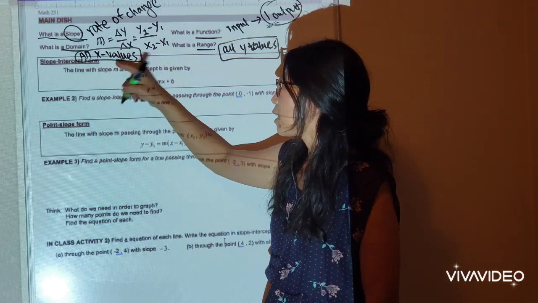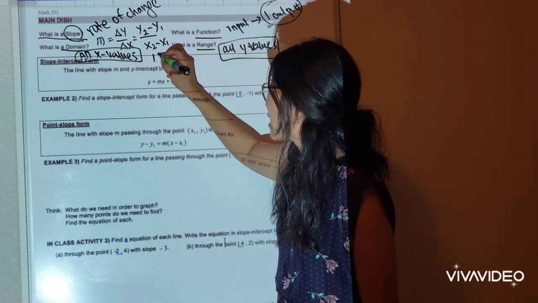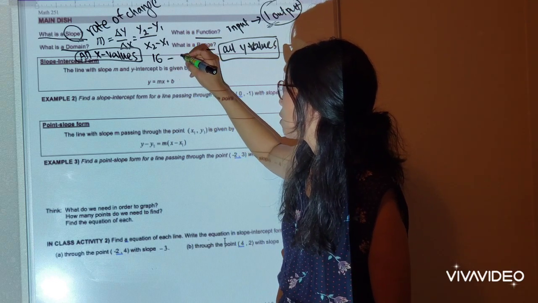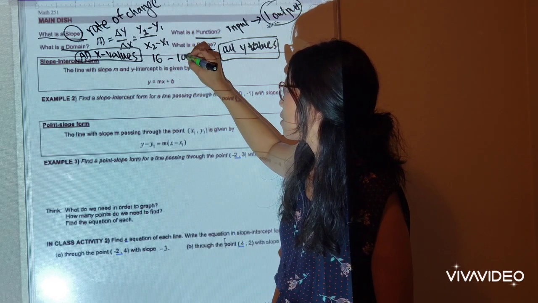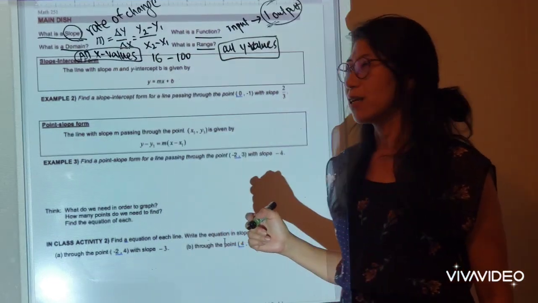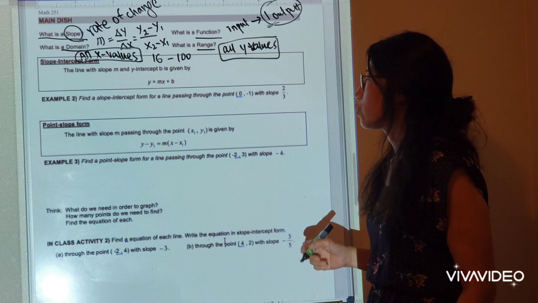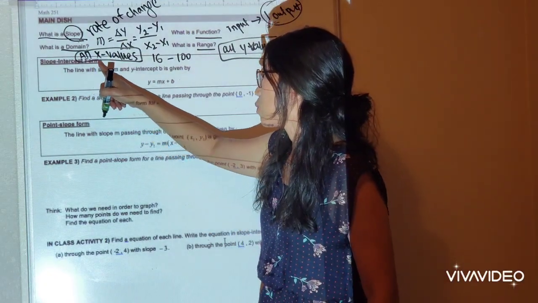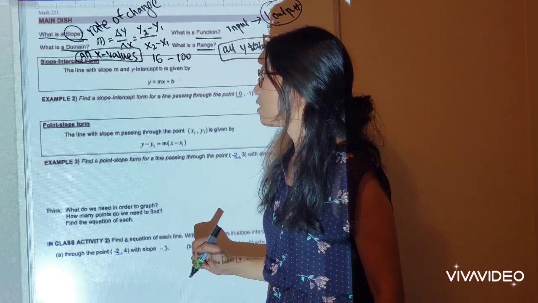So the driving age will be 16 and a half, I'm not sure, 15 and a half probably, up to maybe 100. So those will be your domain. And then range will be the value of the outcome corresponding to your input of the domain.